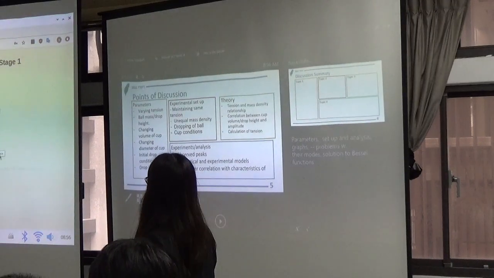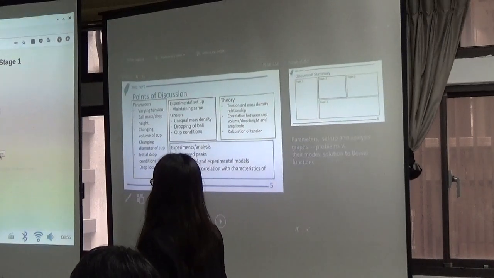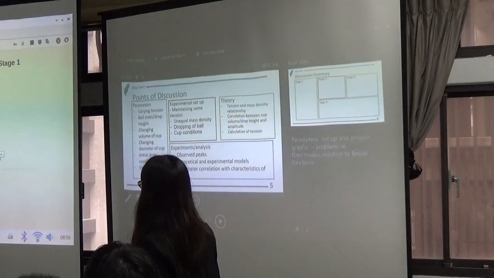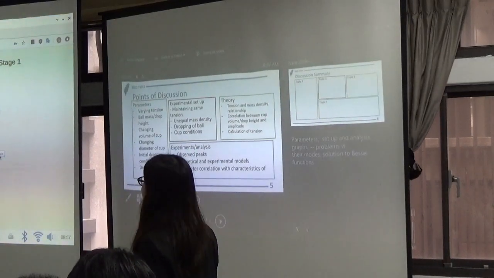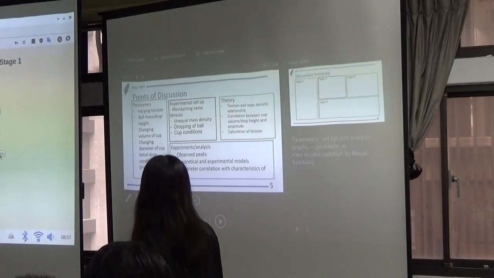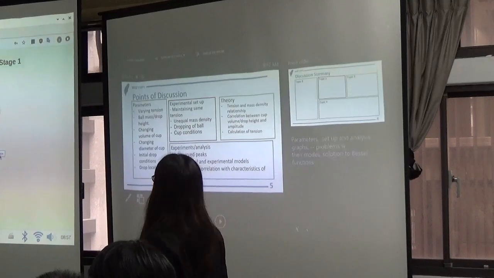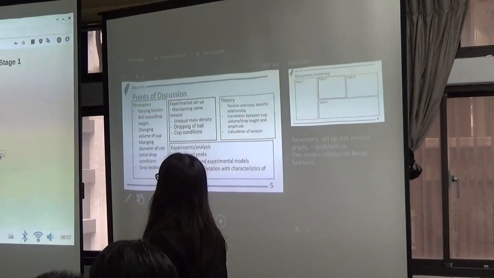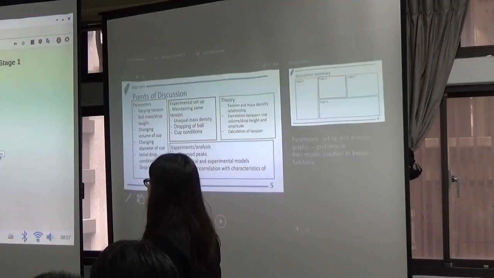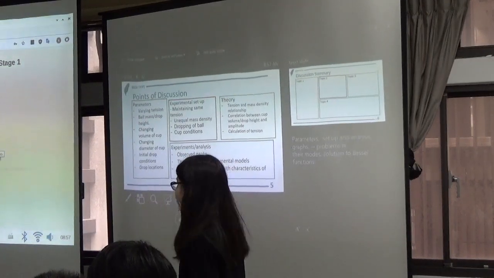So the points of discussion that I would like to make include parameters: varying tension, varying drop height, ball mass, changing the volume of the cup, changing the diameter of the cup, and the initial drop conditions and drop locations. For experimental setup, I would like to mention maintaining the same tension, the unequal mass density distributed throughout the membrane, and the dropping of the ball and cup conditions.